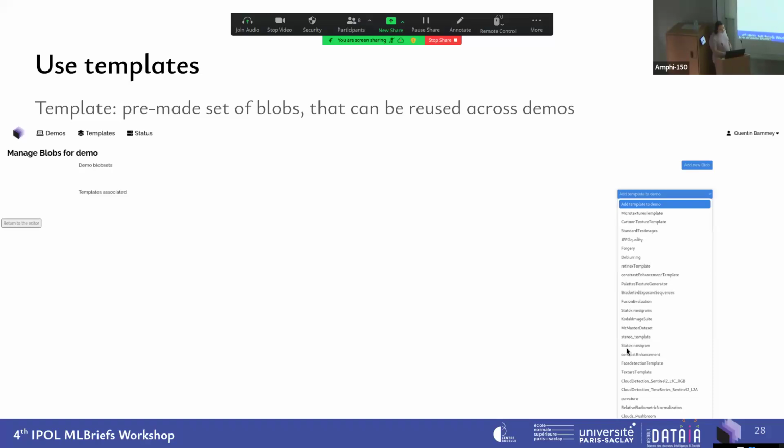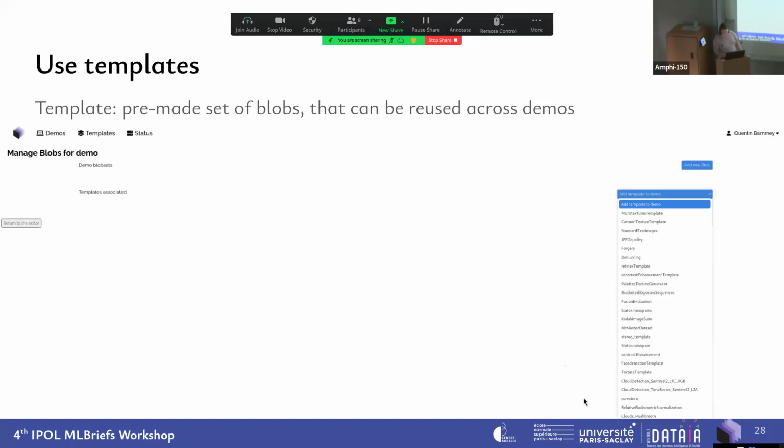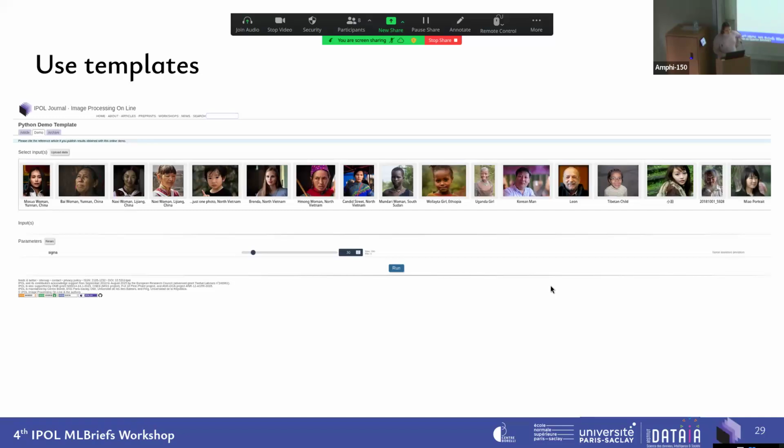You have a lot of existing templates made by other users, which already contain some inputs. If you find a template that is good for your use, you can choose it. For instance, here we choose the template portrait. And if I do it, I have a lot of example images already loaded into the demo.